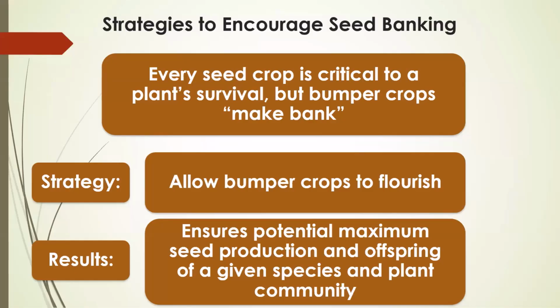The saying goes, every dog has its day, well, so too did every native plant most of the time. And so when you see a native plant having a bumper crop or a banner year, or just an explosion of flowers and seeds, that means things are going pretty well. And so we would want to step back, let that species do what it has evolved to do over millions of years.